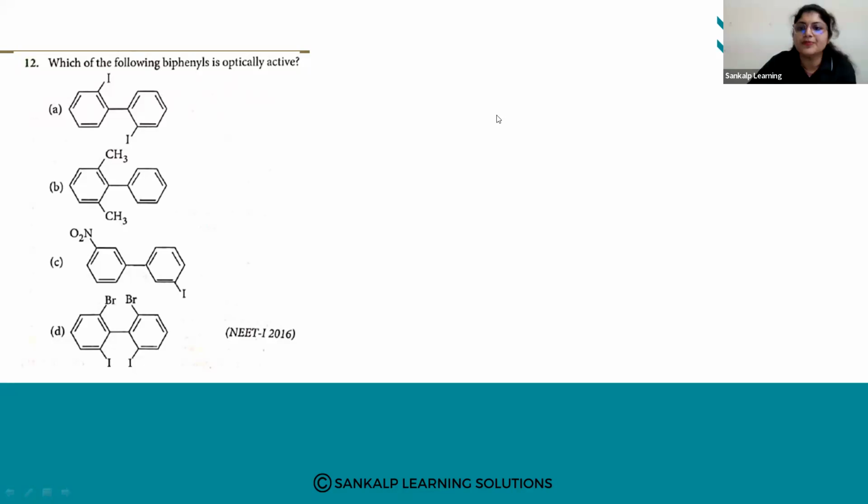So optically active compounds are those which can rotate the plane of polarized light, as well as they have chiral centers, right? These are stereoisomers which are optically active and they have a chiral center, and they do not have a plane of symmetry.